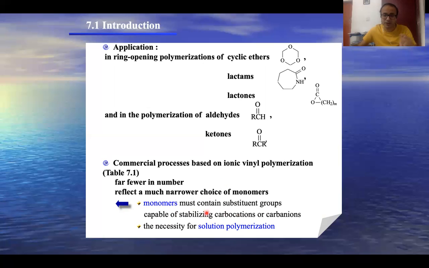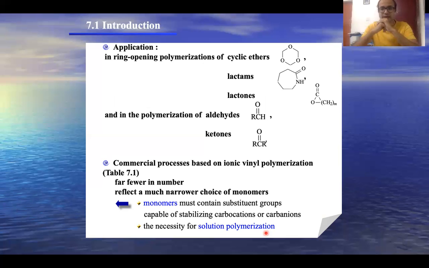And another important thing in terms of polymerization process, because apart from the polymerization mechanism, we have a polymerization process, the way it is done, and that involves bulk polymerization and a lot of other types of polymerizations.